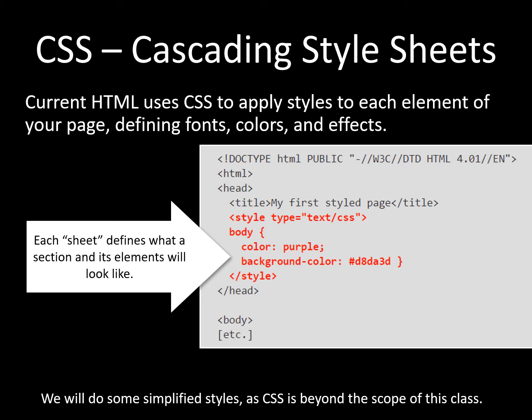For example, deciding that heading 1 will be a specific font and size and color. We will do something simpler in this class, as creating sheets, as you can see in the image, is a bit beyond the scope of what we're going to do in this class. So just to get an idea of how to create some styles, we're going to do a simplified version.